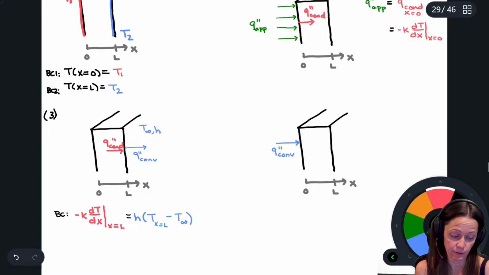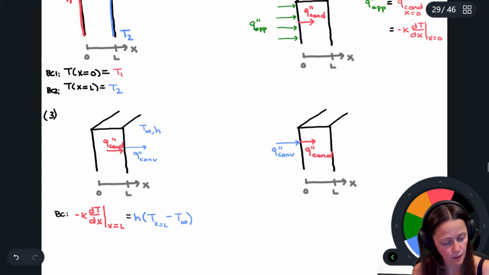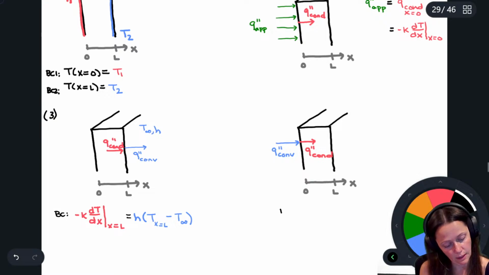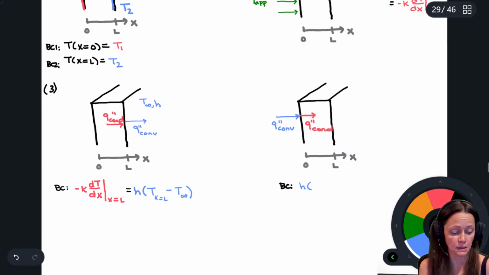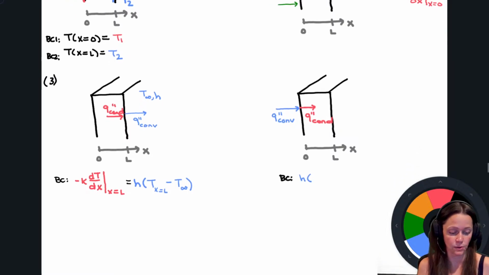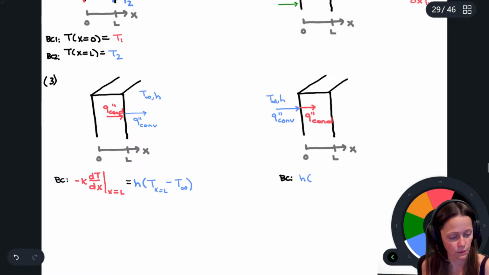Okay. And if I did an energy balance, well, that just means that whatever's going into that surface has to be going out. And so if I apply my energy balance, it's going to be the convection at X equals 0. And which temperature goes first? It's going to be the T infinity, right?